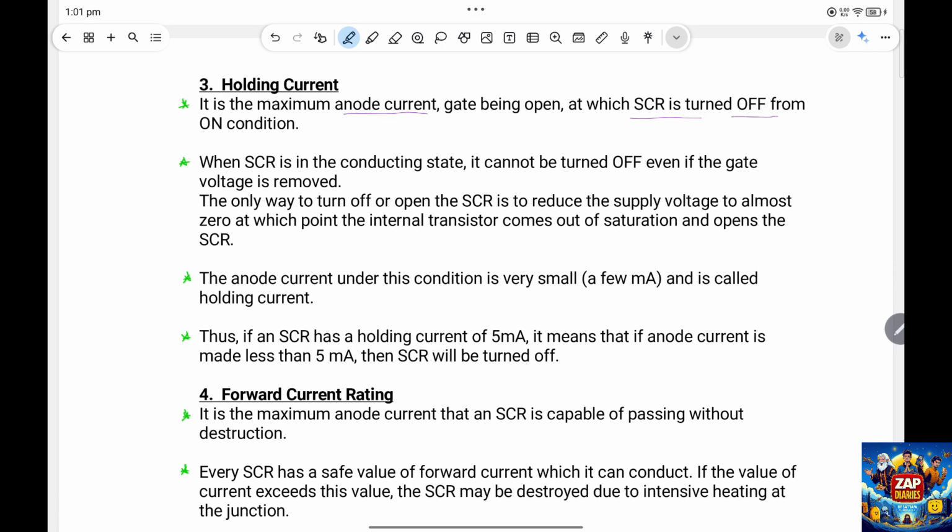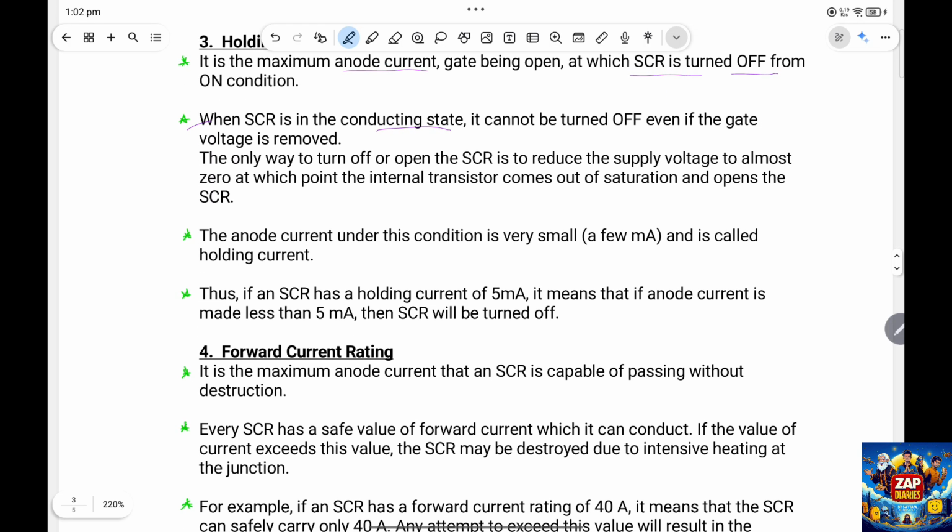When an SCR is in conducting state, it cannot be turned off even if the gate voltage is removed. If the load is connected to the SCR and you want to turn it off, you cannot, even if you remove the gate pulse. So this is a negative of SCR.